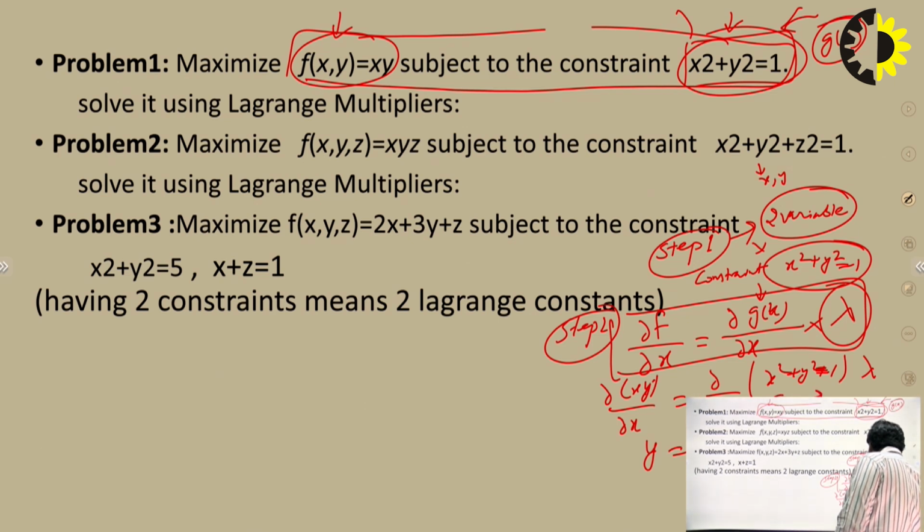What is lambda here? Lambda is the Lagrangian multiplier. Since in this problem we have one constraint, we need only one multiplier. So again equating this, this is our second equation.